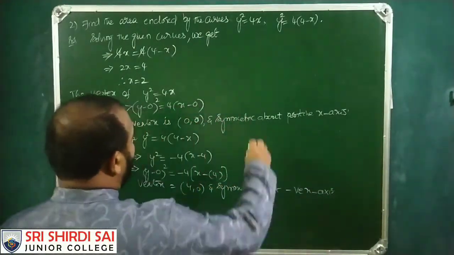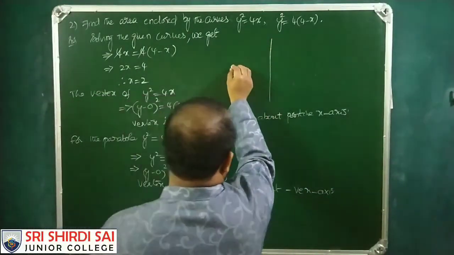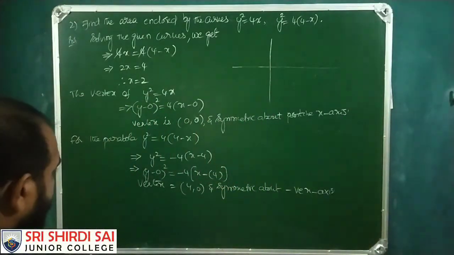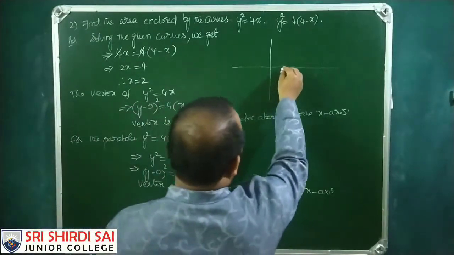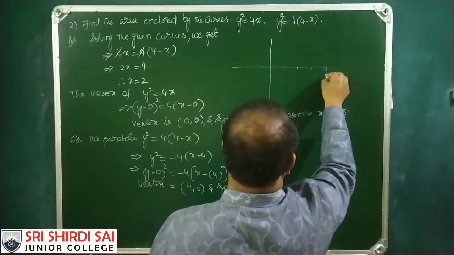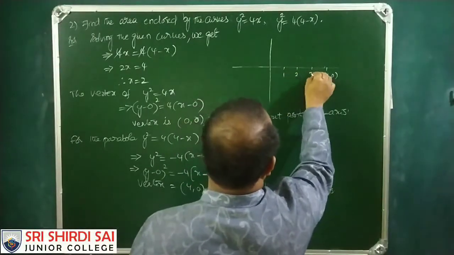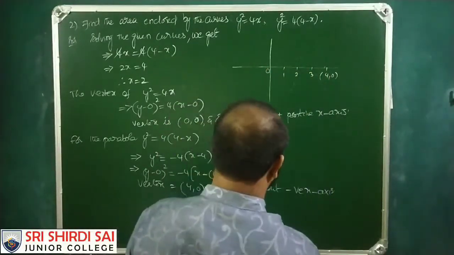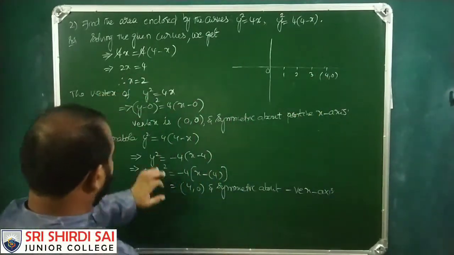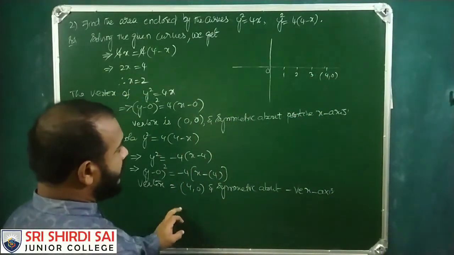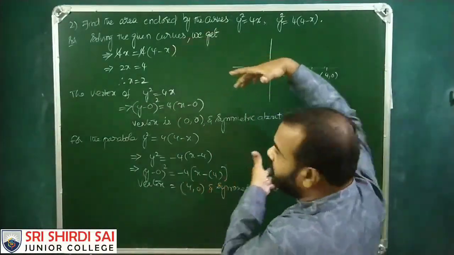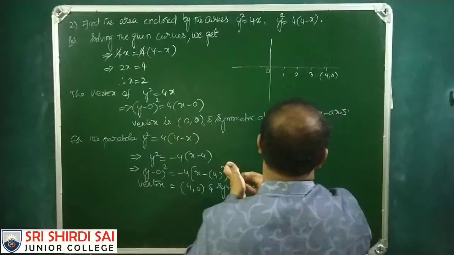So if we try plotting the diagrams, it will be something like this. 4 comma 0 is 1 2 3 4, so 4 comma 0. The vertex of this is 4 comma 0 and it is symmetric about the negative x-axis. It will open in the negative x direction.